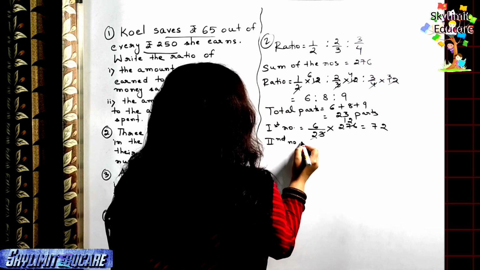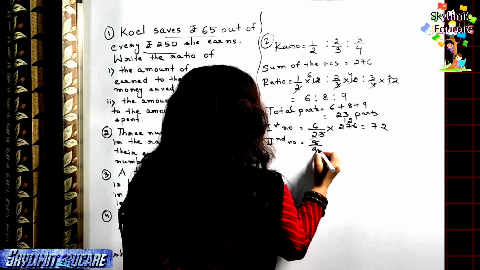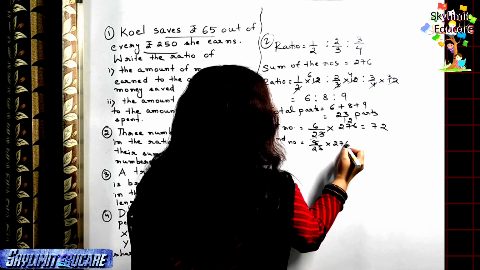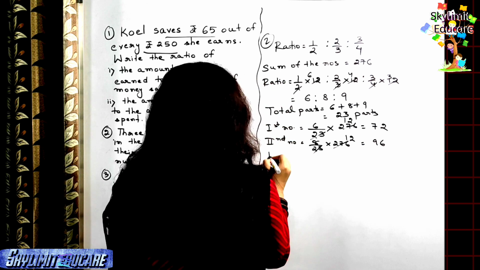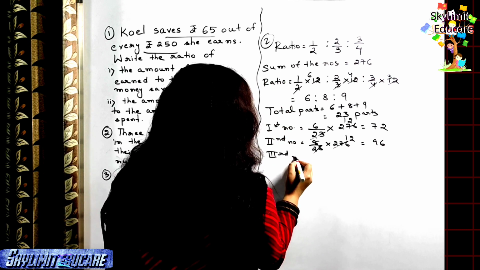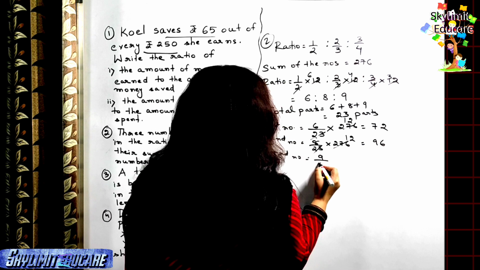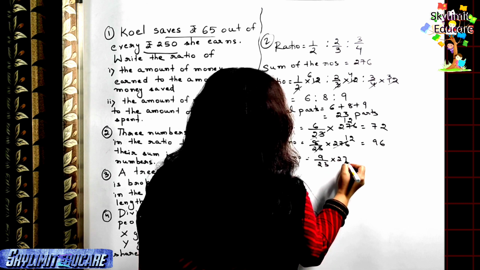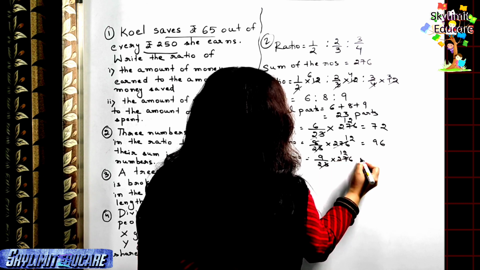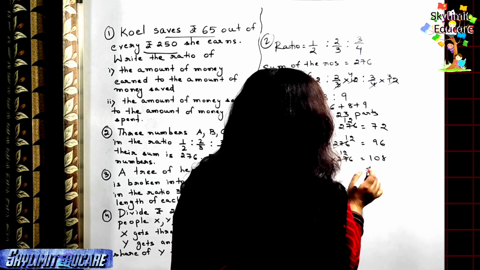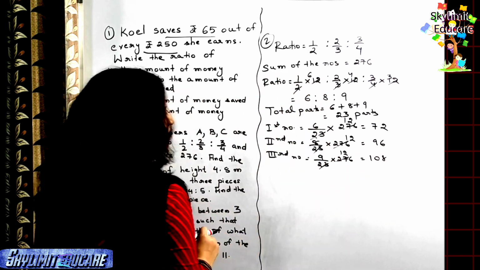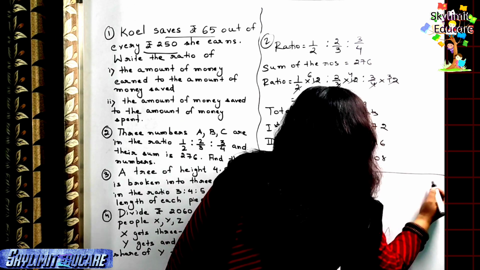Second number will be 8 out of 23 multiplied to 276. Again this goes with 12, that is 96. And the third number will be 9 out of 23 multiplied to 276. So 12 nines are 108. You can add also and find whether the sum is 276. Yes, it's 276. And what is the other way by which you can solve?